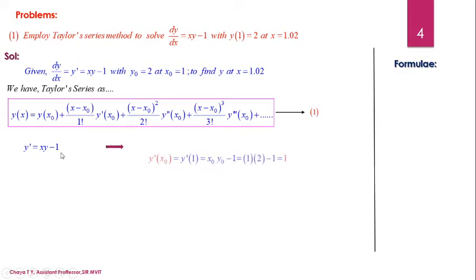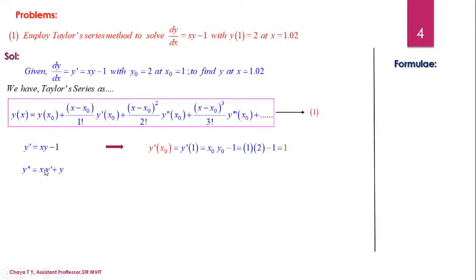Now into this substitute x by x naught, y by y naught. The x naught value is 1 from the given problem and the y naught value is 2. When I substitute and simplify, I get y dash of x naught, in other words y naught dash, as 1, which should be substituted into the expression. Then I have to find y double dash, which is equal to x into y dash plus y.